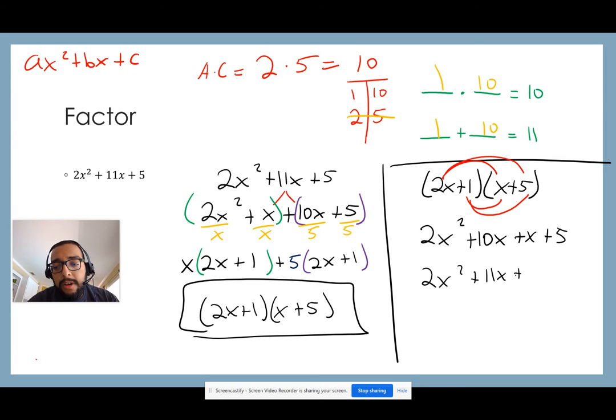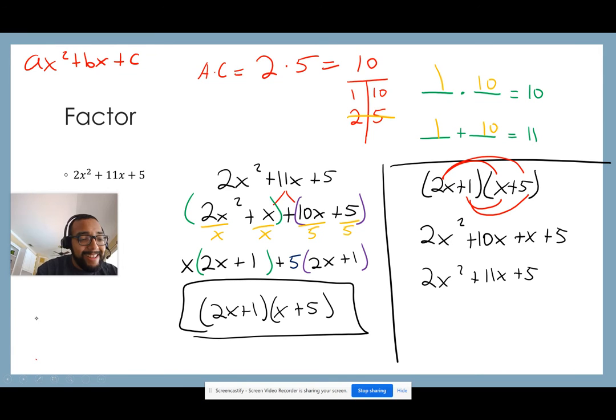Combine my middle two terms. This is essentially the reasoning why factoring works. Perfect. There we go. This is why factoring works in the first place.